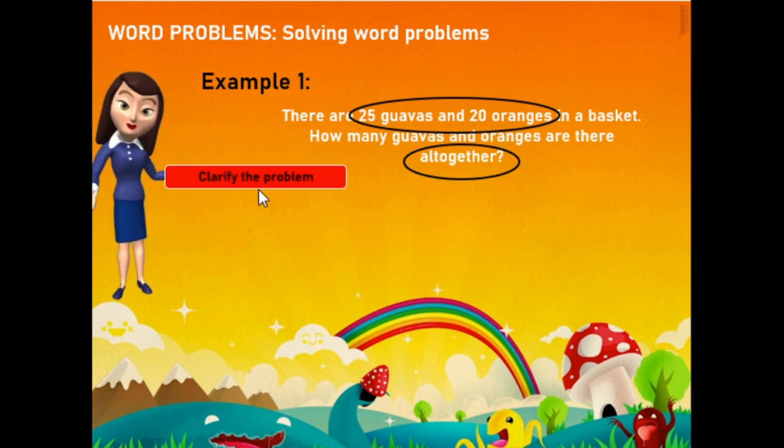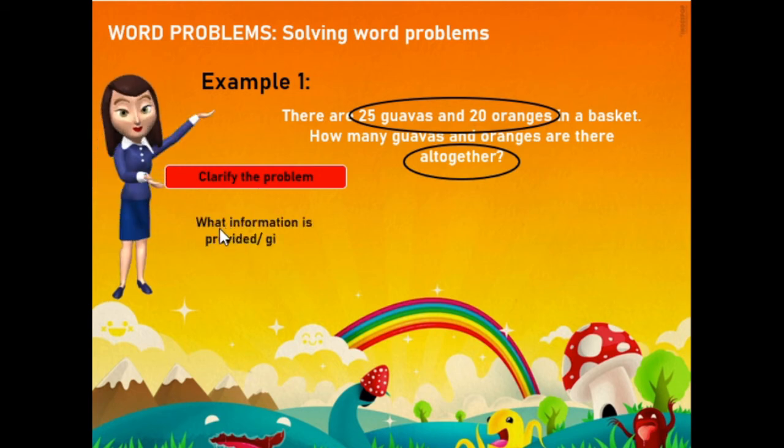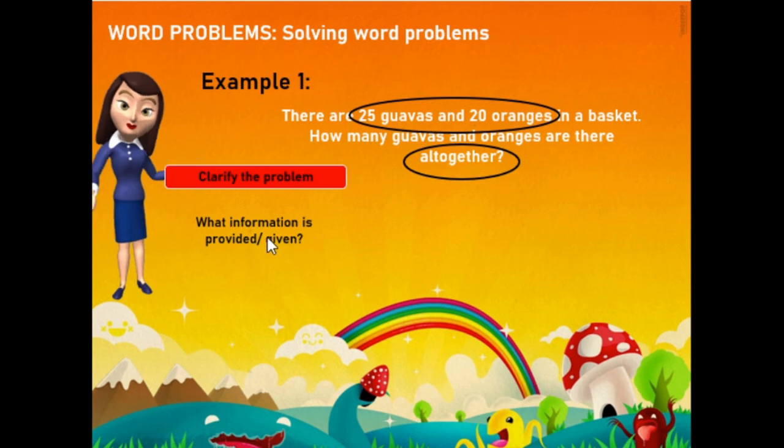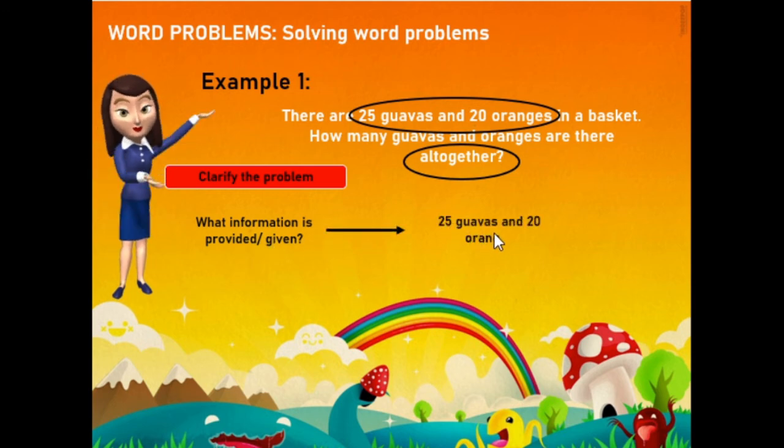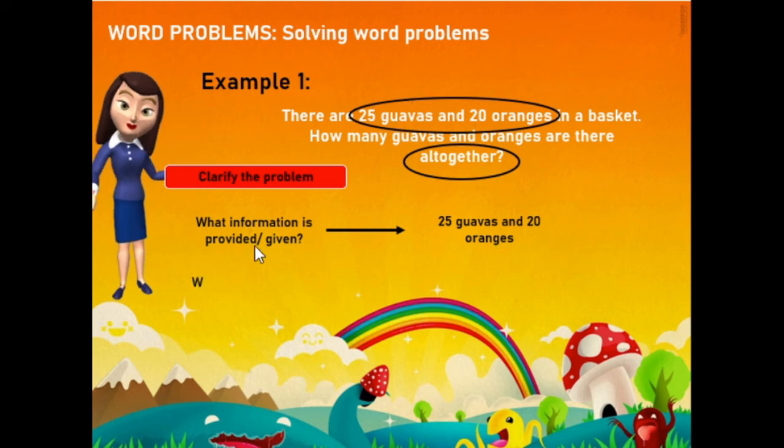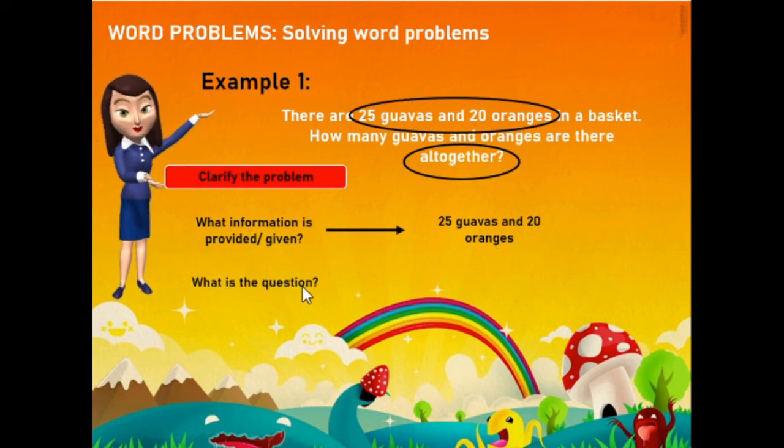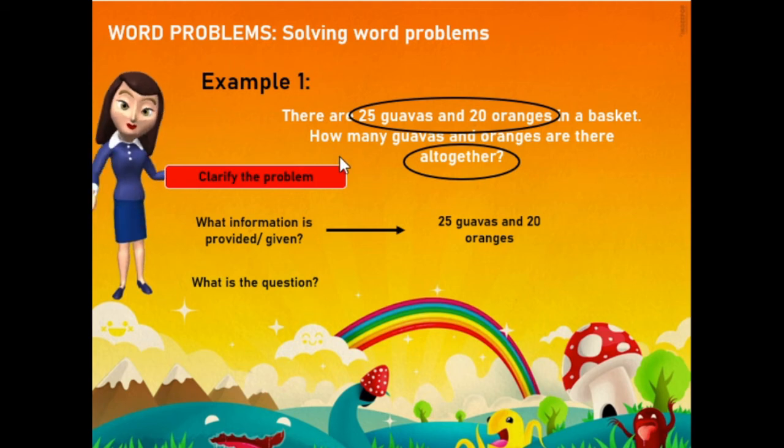Clarify the problem then means you answer this question. What information is provided or given? You can say 25 guavas and 20 oranges. It's in the problem. And then, what is the question? What do you need to find out? It's here.